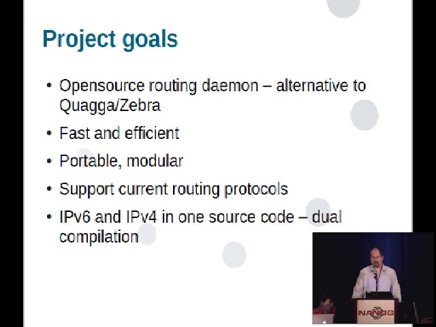What we wanted to focus on was efficiency, so we wanted a routing daemon that is small, tiny, very efficient, and can also run on devices with limited resources. We wanted portable and modular daemons, so you are able to easily add other routing protocols. We wanted to support the current routing protocols at that time.